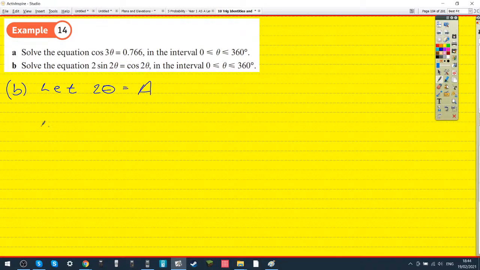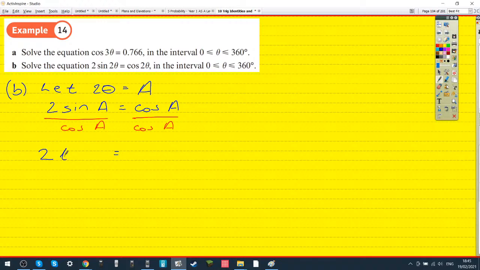So what would be the question if 2 theta was A? 2 sine A equals cos A. Yep. What's next? Divide by cos on both sides to get 2 tan A equals A.